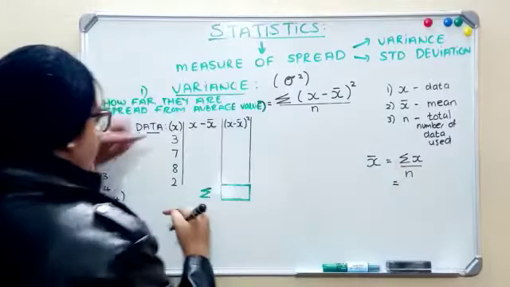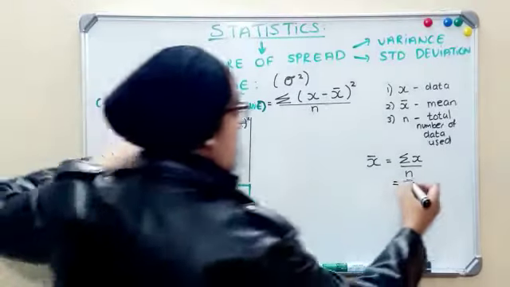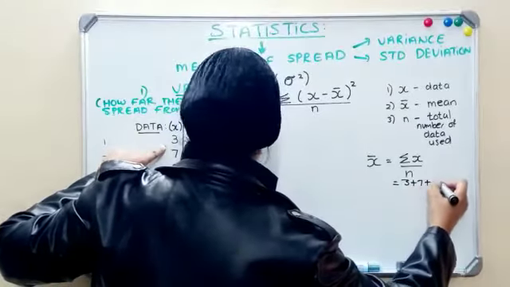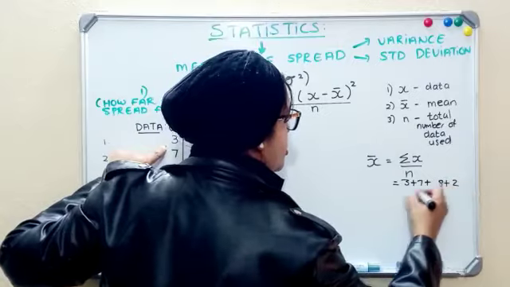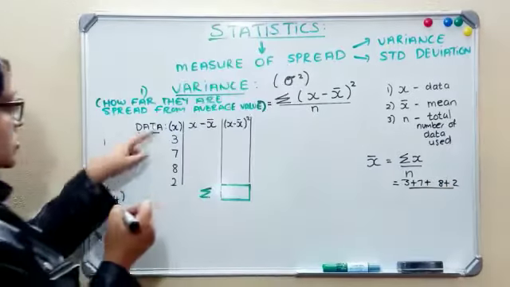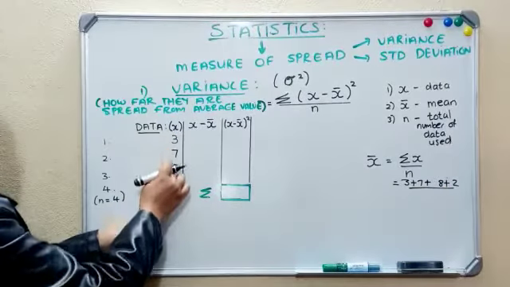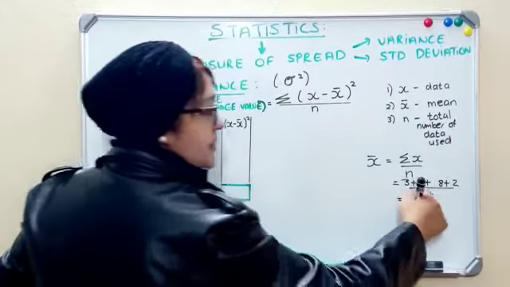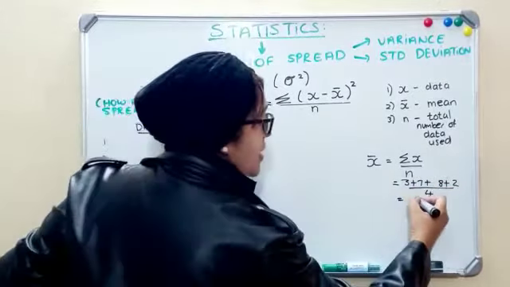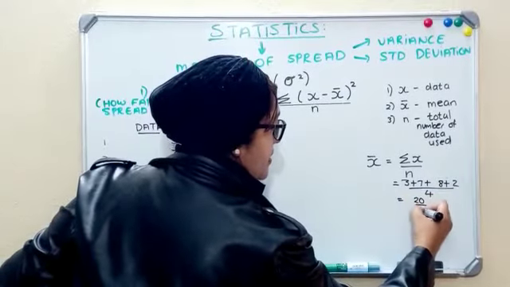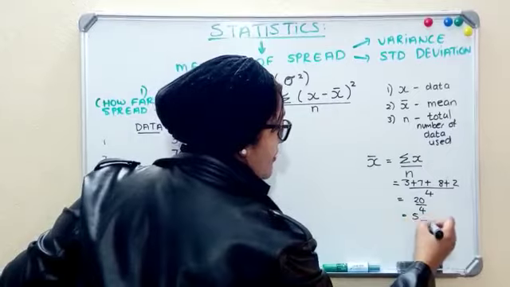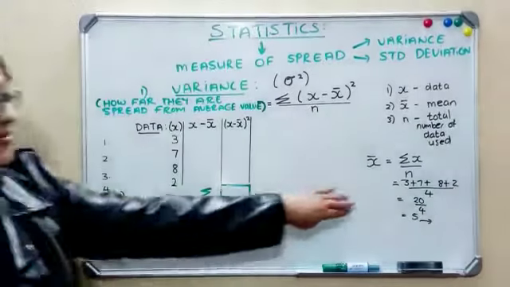Find the sum of my data: 3 plus 7 plus 8 plus 2, all divided by the total number of data used, which is 4. That gives me 20 divided by 4, which equals 5. So my mean is 5.